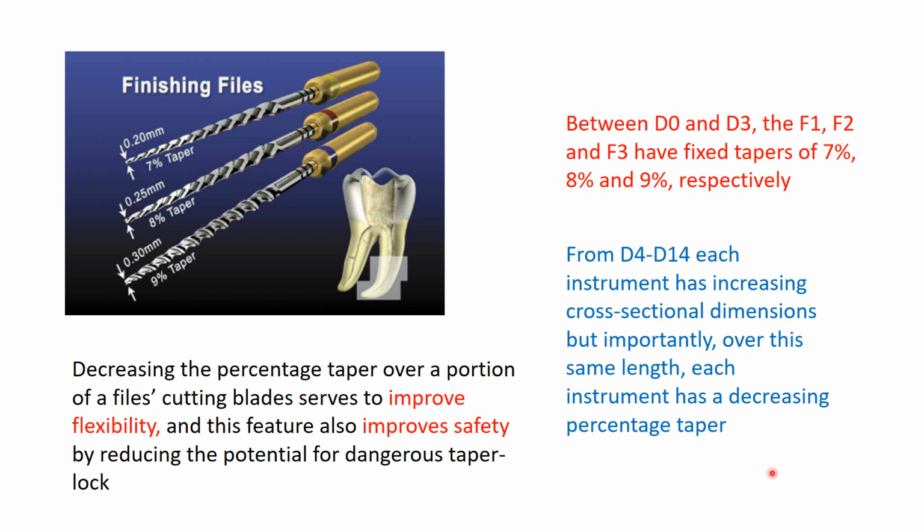What is the role of this decreasing percentage taper? Why has the manufacturer given this? Because it serves to improve the flexibility of these files, and this feature improves safety by reducing the potential of these files for taper lock in the canal.